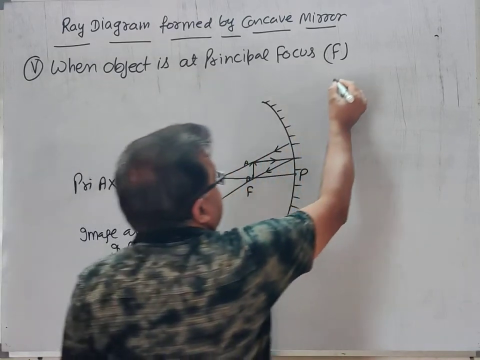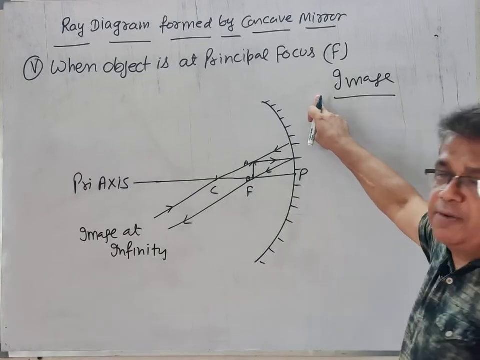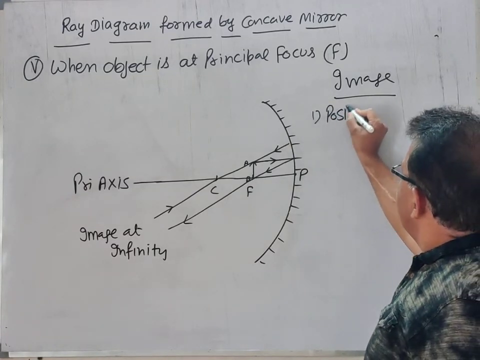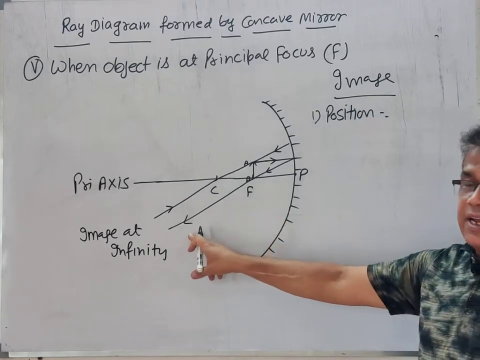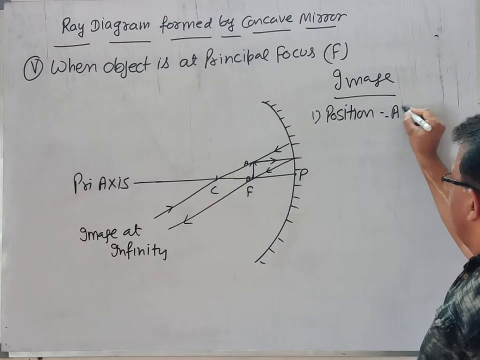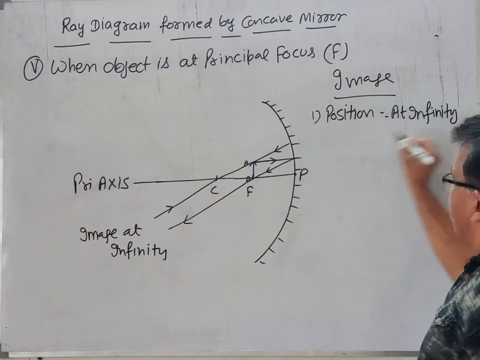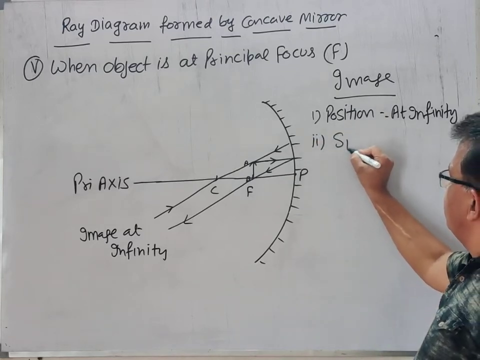So now what about the image? Similarly, the image formed in this case when the object is at the principal focus, then what is the position of the image? Position of the image is at infinity. Then what is the size?